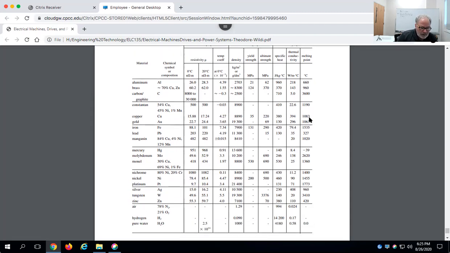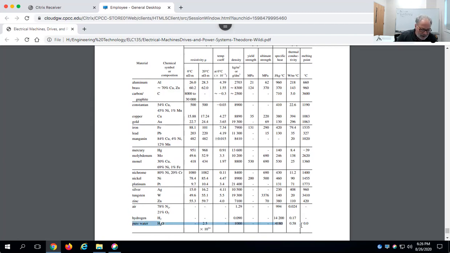Now, what we're concerned with right now is this specific heat capacity, and it's in some units that we're probably not real familiar with: joules divided by kilogram degree C. Again, we're not looking to derive this stuff. We're just going to use it and take it that way.